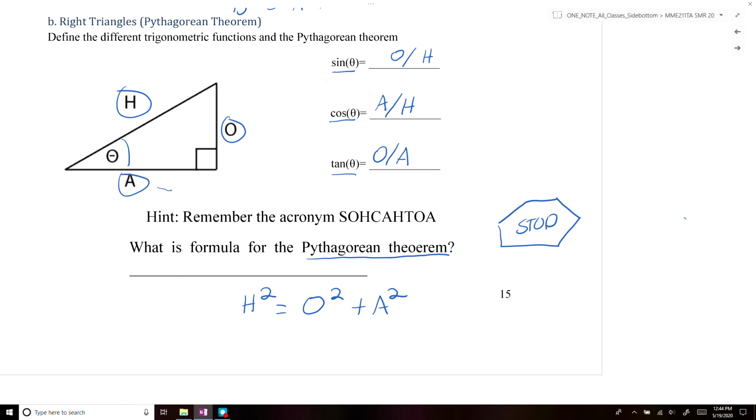You can remember these ratios using the acronym SOHCAHTOA, where SO represents sine equals opposite over hypotenuse, CA represents cosine equals adjacent over hypotenuse, and TOA represents tangent equals opposite divided by adjacent. And the formula for the Pythagorean theorem is that the hypotenuse squared is equal to the length of the opposite side squared plus the length of the adjacent side squared.